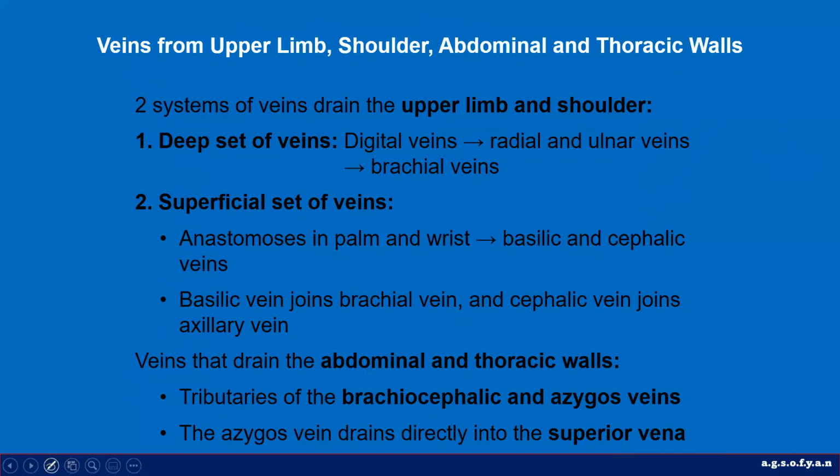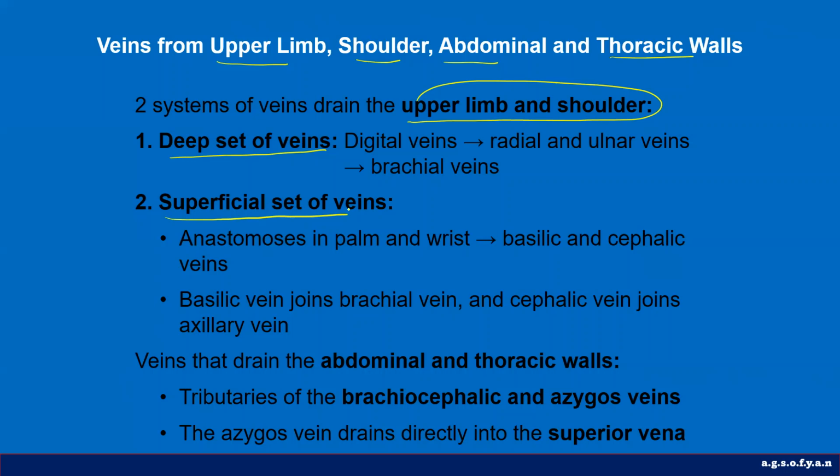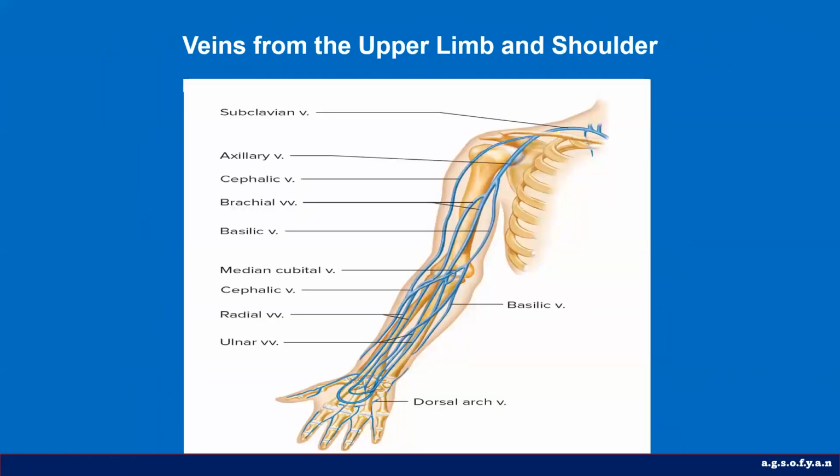Okay, so veins from the upper part of our body: upper limb, shoulder, abdominal, and also thoracic wall. There are two systems that drain the upper limb and the shoulder: a deep set of veins and a superficial set of veins. You're going to see the picture here.